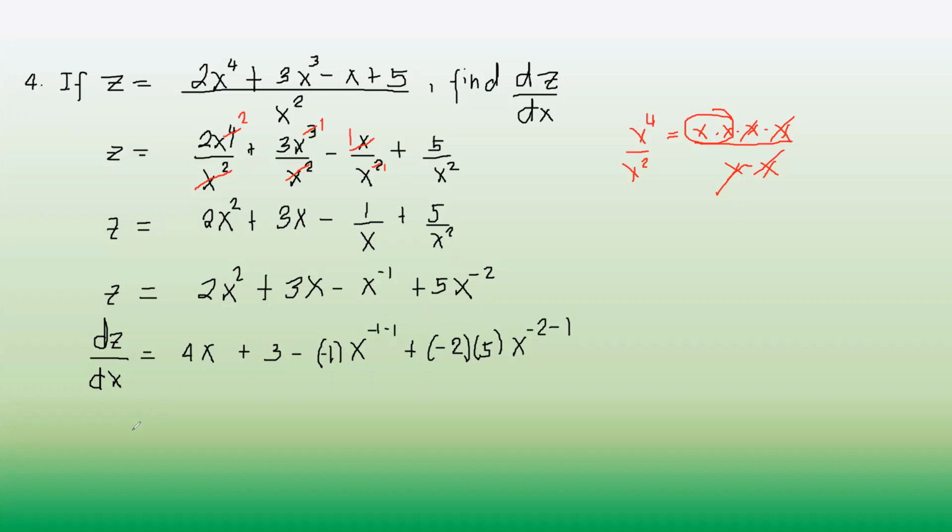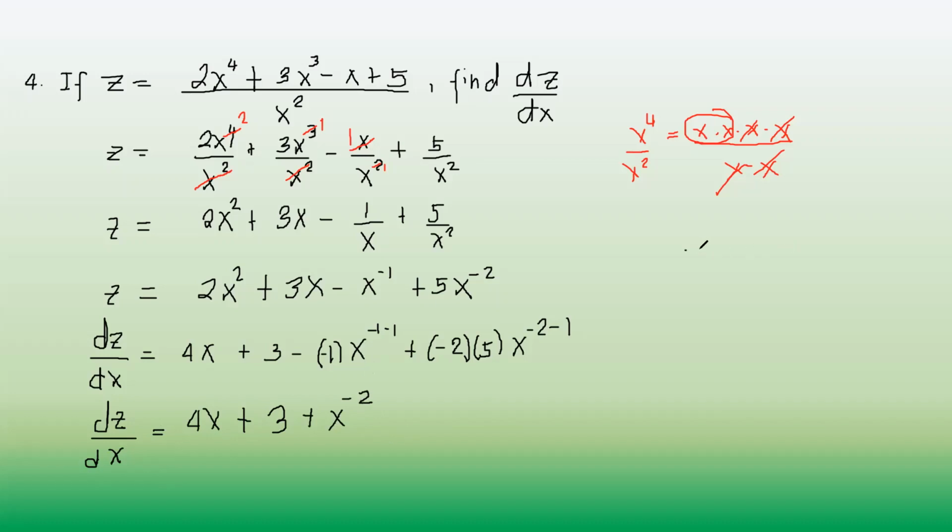Okay. Then, derivative of z with respect to x is now equal to 4x plus 3. So, negative and negative will become positive. X raised to, negative 1 minus 1 is negative 2.